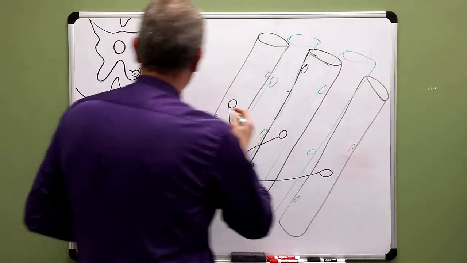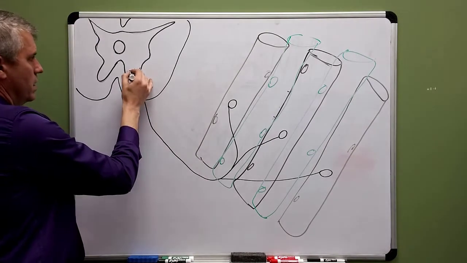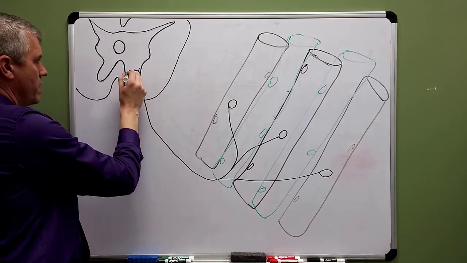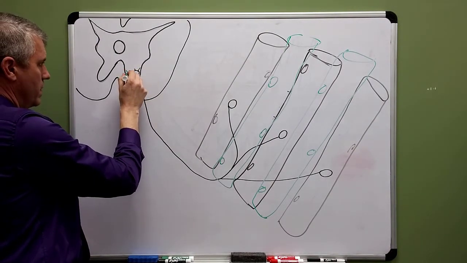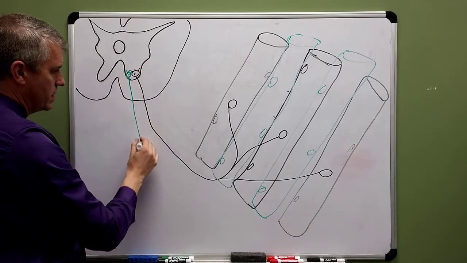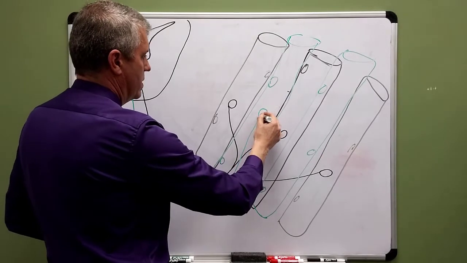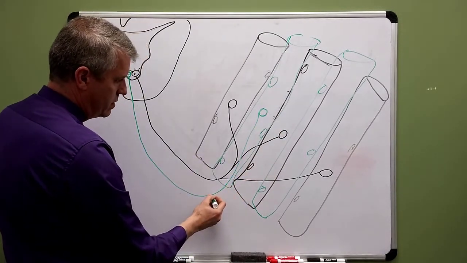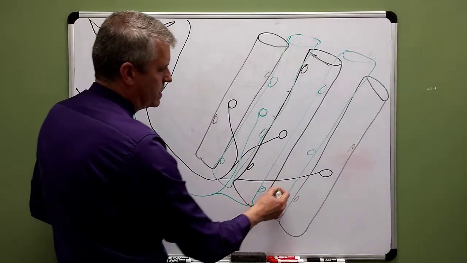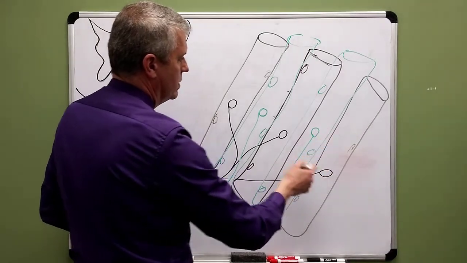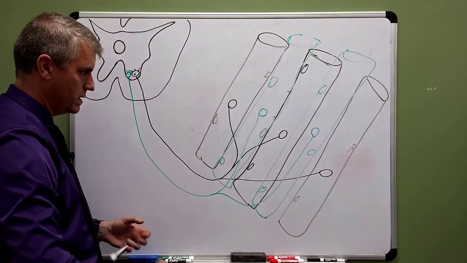And then just to complete it, here's a green motor neuron cell body in the gray matter. Here's the green axon coming out, and that axon is going to connect to this green muscle fiber, muscle cell, and then to this other green muscle fiber, muscle cell.